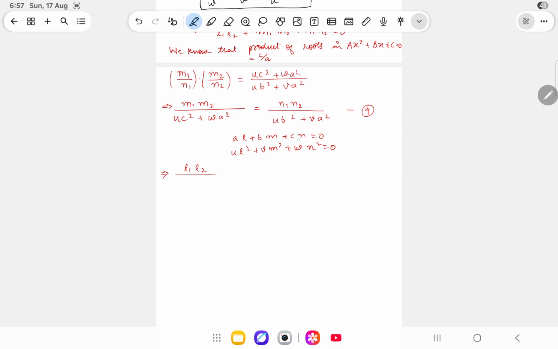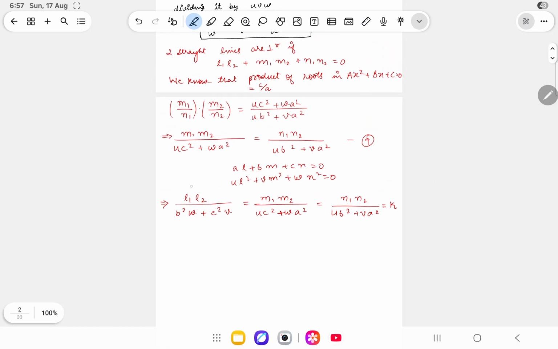Likewise for n1 n2 we are just clubbing a square with v and b square with u. So likewise for L we can just club b square with w and c square with v, which must be equal to m1 m2 upon u c square plus w a square, which must be equal to n1 n2 upon u b square plus v a square, equal to some constant k.